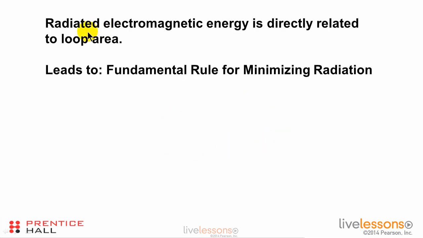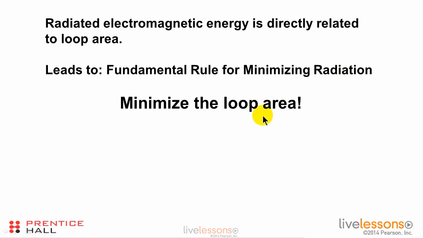Now, the reason that's important is that radiated electromagnetic energy, whether it's in the form of EMI or crosstalk or transmission lines or anything else, is directly related to loop area. Radiated electromagnetic energy, EMI, is directly related to loop area. This leads to a fundamental rule for minimizing radiation, and that is minimize the loop area.